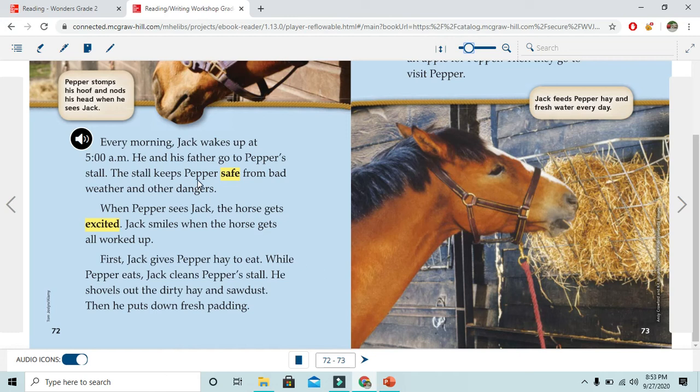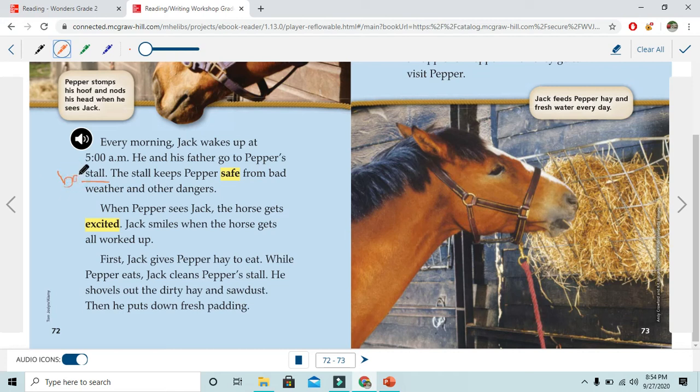Okay, let's see the meaning of the words on this page. Let's read again. Every morning, Jack wakes up at 5 a.m. He and his father go to Pepper's stall. Stall, it's a place, you know, where the horses sleep or stay. So a stall looks like a booth.